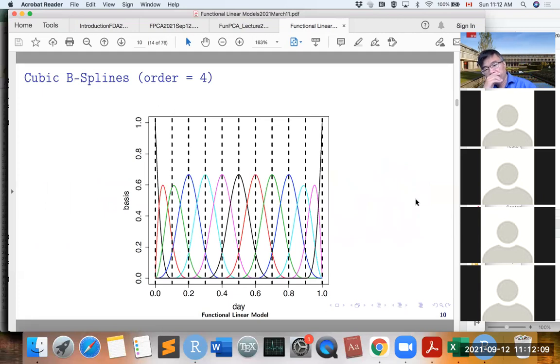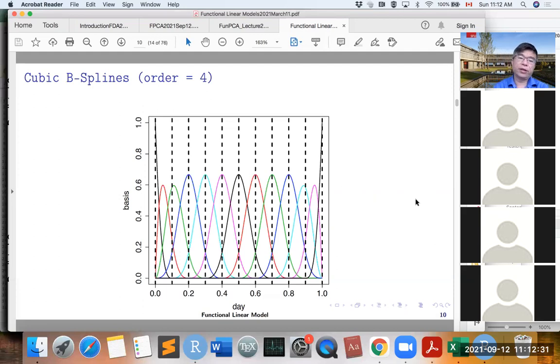The second popular basis function is called B-splines. This graph shows you cubic B-splines, which are also the most popular B-spline basis functions we use.